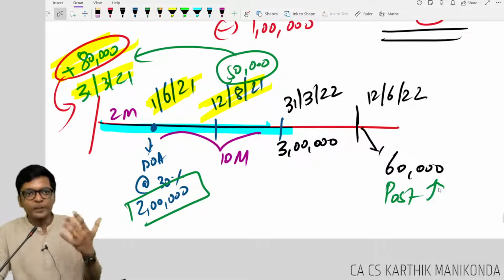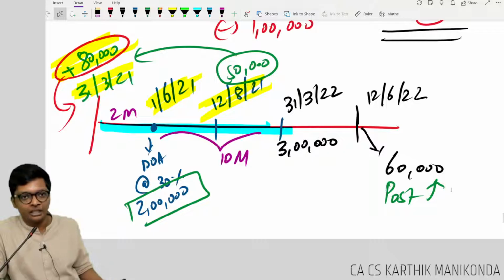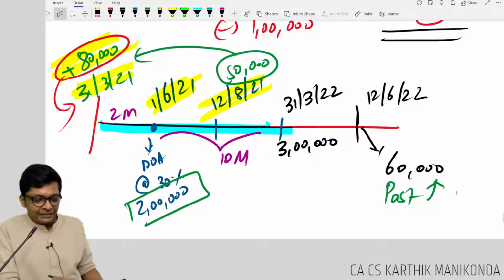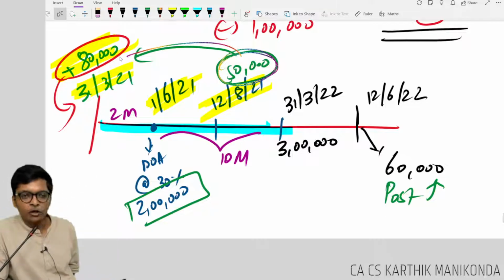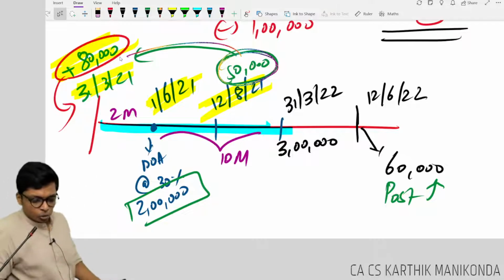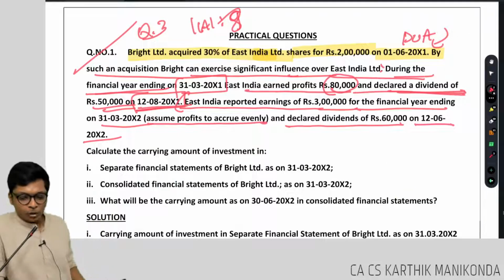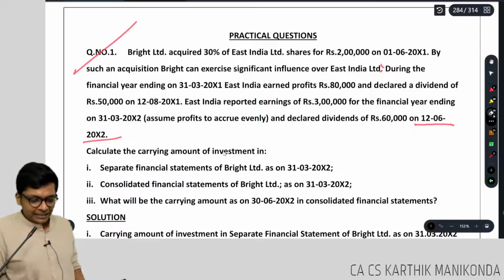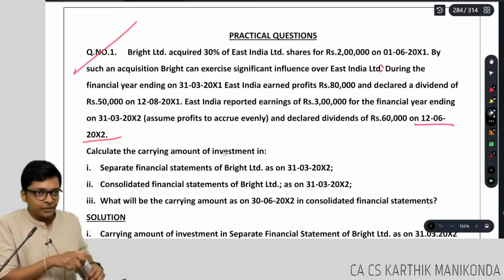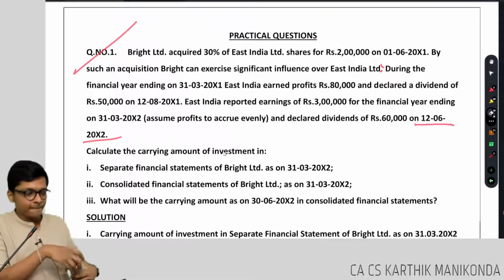I am presuming it to be post because after acquisition I am getting it. Why is this 50 pre? It is paid from pre-acquisition profits. Are you following, guys? Go through the question one more time. Everybody watching the recording can pause, go through, and then I will go to the summary table, see if you understand the same thing.